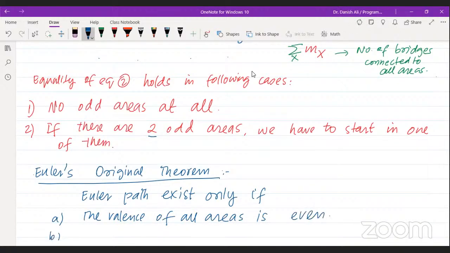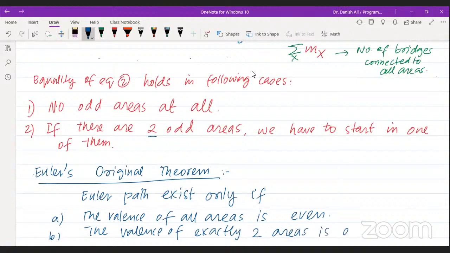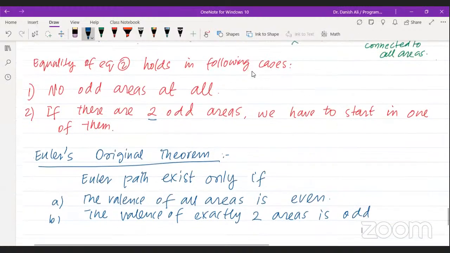Or B, the valence of exactly 2 areas is odd, and we start the journey from one of them.